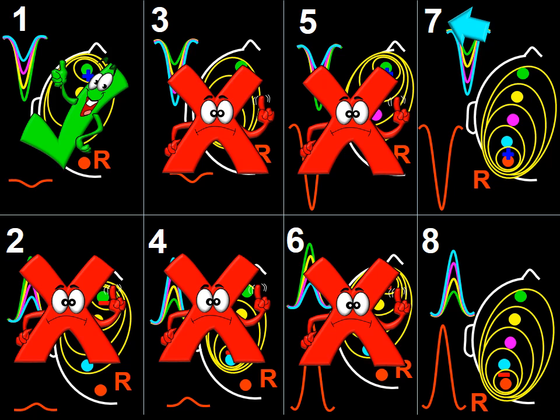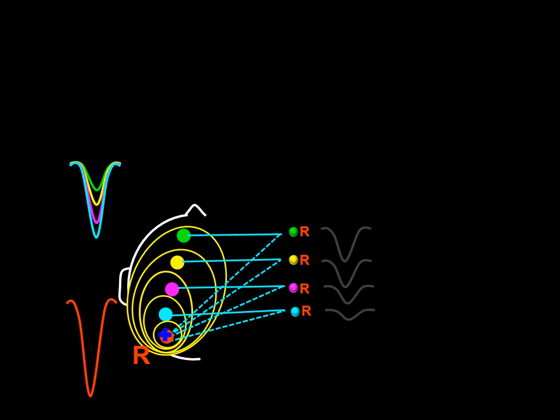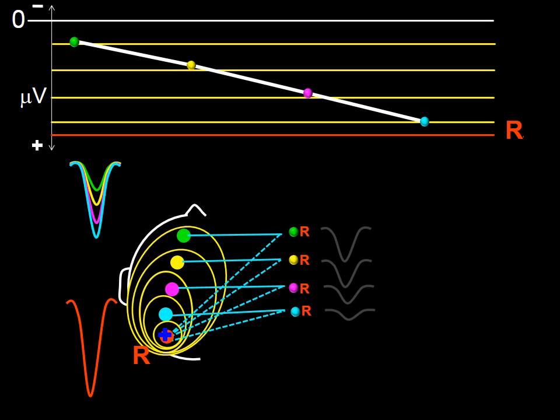Next, we must consider option 7. Option 7 consists of a maximal positive occipital polar field referred to a maximal positivity. This frame represents the isopotential map and the wave corresponding to option 7 and the wave in question. In this frame, I have added the corresponding polarity graph. Remember that the polarity graph is represented as if all electrodes are being viewed from the zero line.